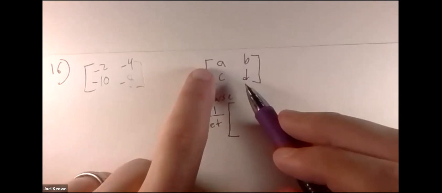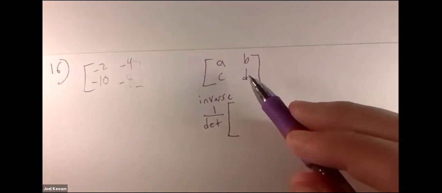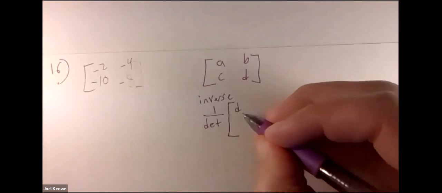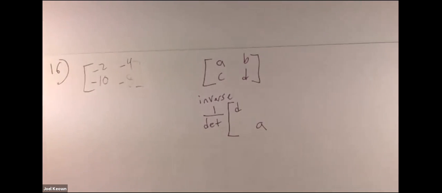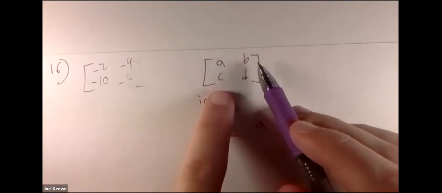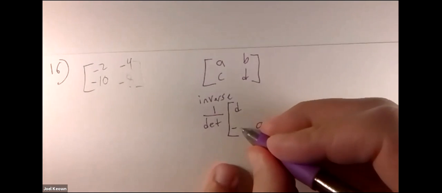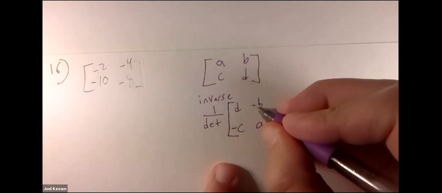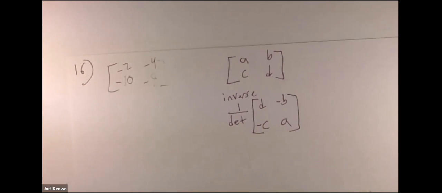Parentheses. I'm going to take my first diagonal and just flip them. So I'm going to move this number here, up here, D. Move A down here. For C and B, I'm going to leave them where they are, but I'm going to change the signs. So negative C, negative B. Okay, that's my formula for an inverse.